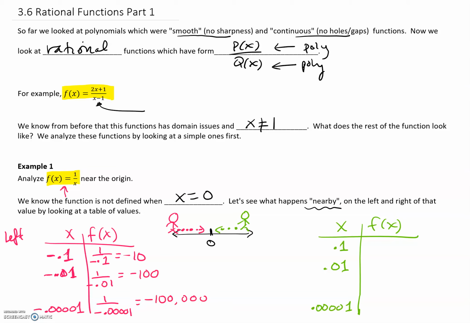Now I'm going to do the same thing from the right, putting in positive numbers. If I do that, you'll see I end up getting a big positive number on the right side, and I end up with 100,000.